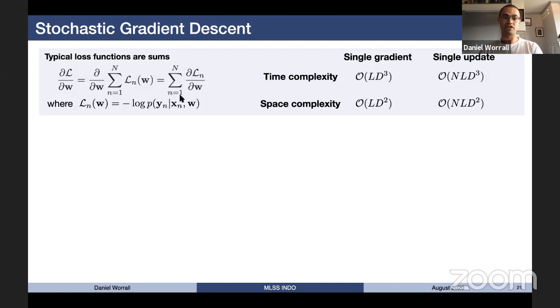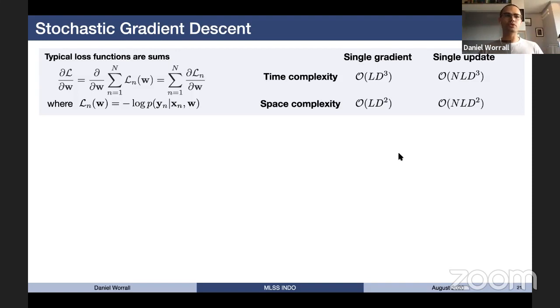And what happens if n is really, really big? Say I have 1 million images. I have to compute my loss function 1 million times and all of the gradients, and then I can run a single gradient descent step. Even though it's linear in the number of training points I have, I don't want to wait for 1 million passes of data through my network before I take a single descent step.